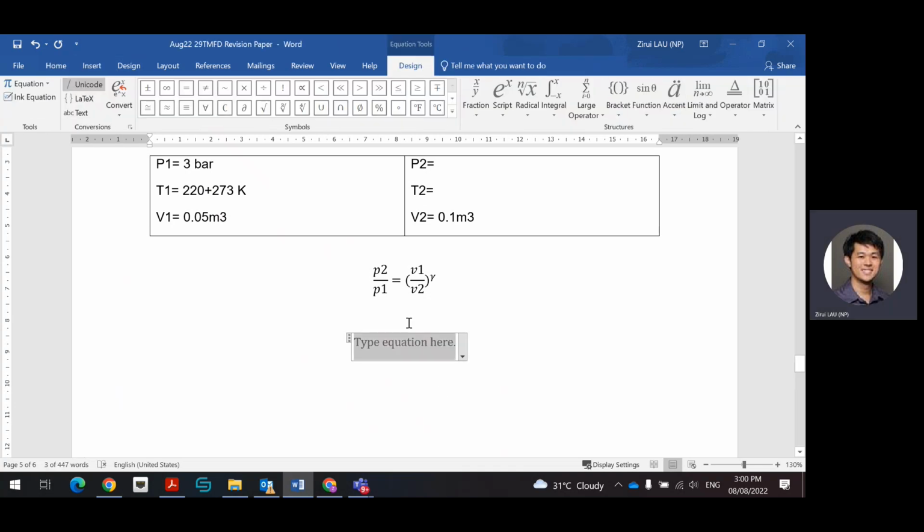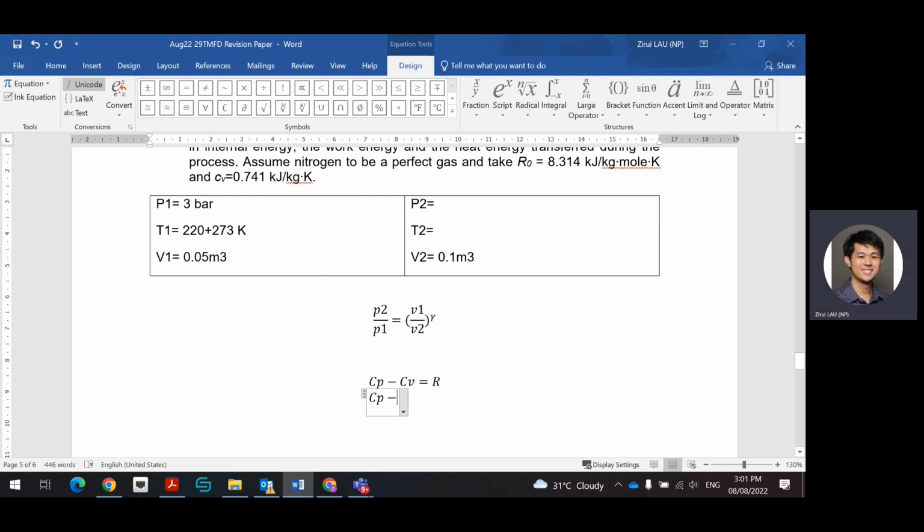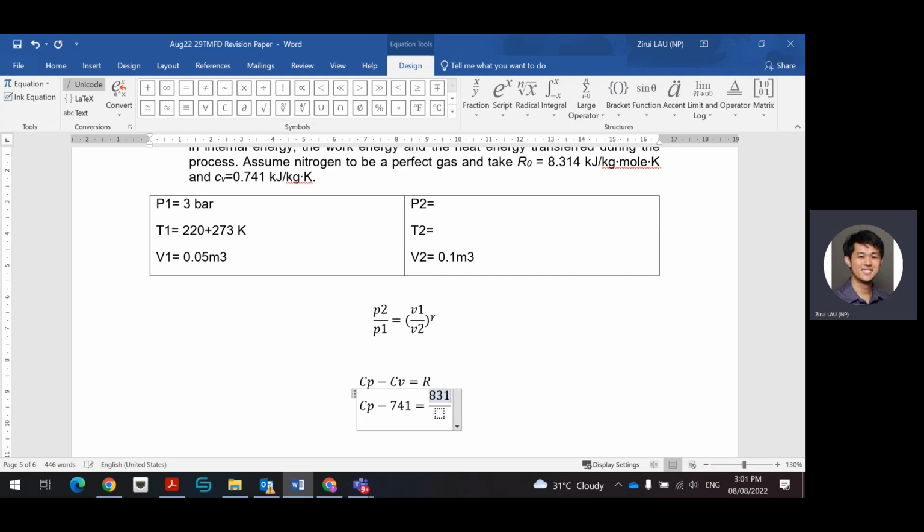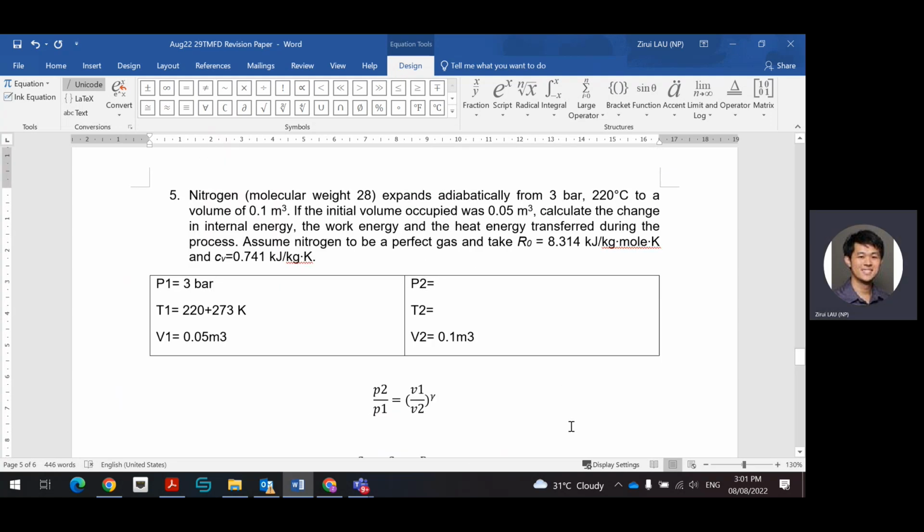Okay. So CP minus CV is equal to R. All right. So CP is unknown. What is CV? 0.741. I use 741 now. What is R? No, we don't have R directly, but we can calculate R by using R naught over M, which is 28.